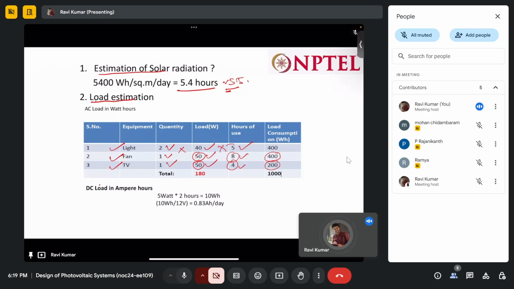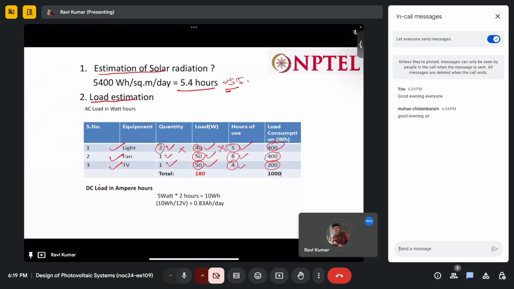Similarly, one will be 200, and we have two quantity, so it will be 400 watt hour. This is the way by which we can calculate the total load consumption in our home. So we have a total load of 180 watt, and in watt hour it is 1000 watt hour. So that is all about the AC load.